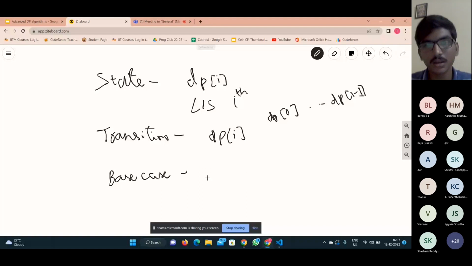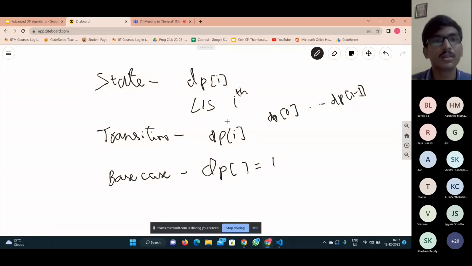The base case is if you want to initialize the DP array with some value already, like initializing every element in the array to 1 or 0. This is the trivial case, and we need to take care of these base cases.